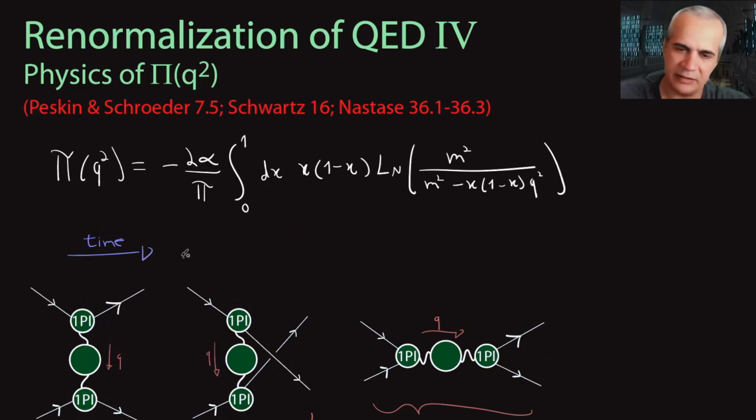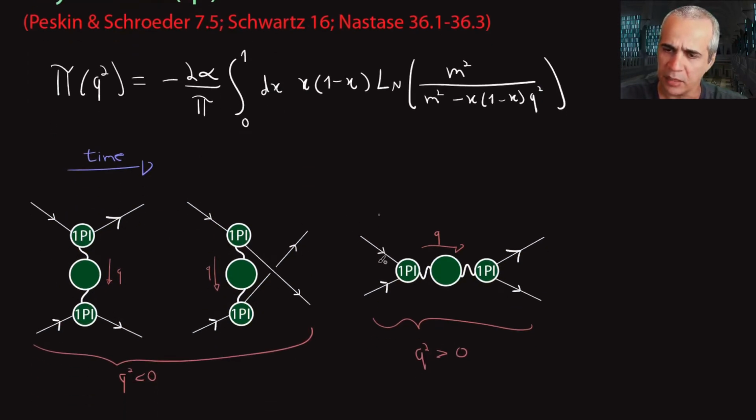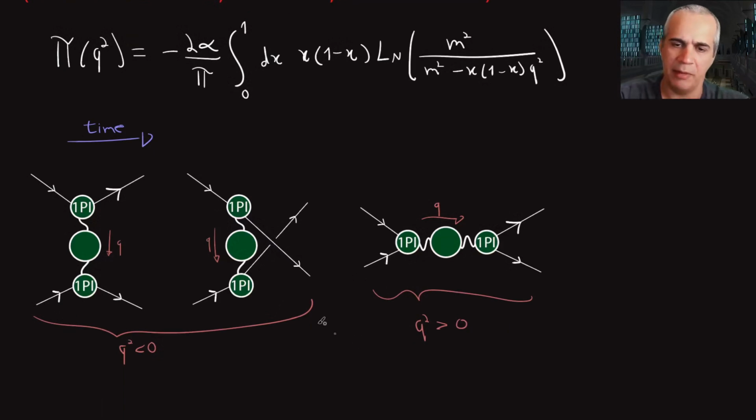So time is flowing to the right in these diagrams. Now I'm thinking of a scattering of on-shell electrons in all these cases. In the T and the U channel, Q square is always smaller than 0, and in the S channel, Q square is always bigger than 0.